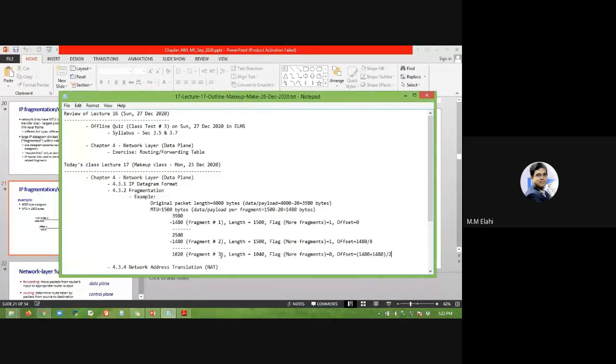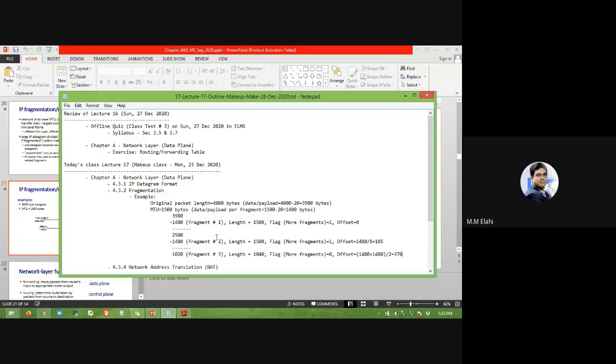So for fragment 3, the last two fragments will be fragment 1 and fragment 2. So 1480 for fragment 1, 1480 for fragment 2, it will always be the summation of the previous fragments' data and then the total divided by 2. So if it is 185, then actually this will be 185 times 2. So this will be 370.